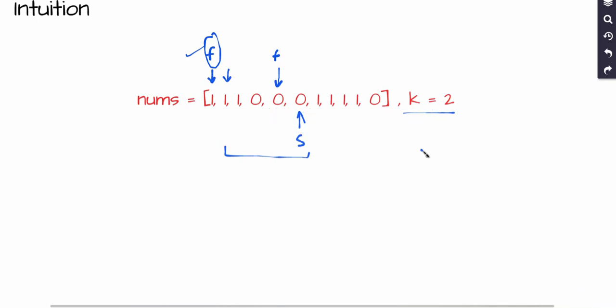Fine. Then again I come to the second pointer. I will start moving my second pointer till I have a valid window, or I do not exceed this capacity k. So this is the current window that I have. I will move my second pointer to the next integer here, and the window will be this. This is also a valid one. Then I will keep moving the second pointer till the second last number, and the window will be this one.